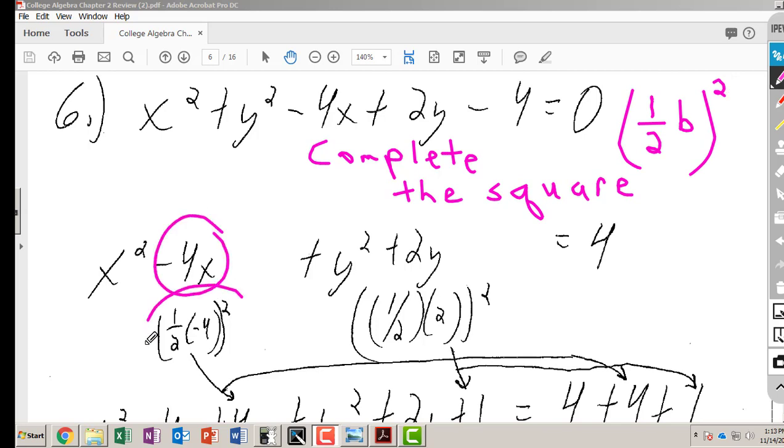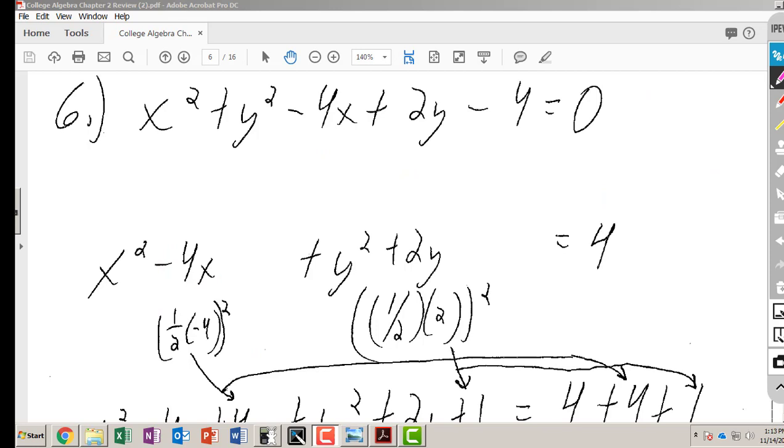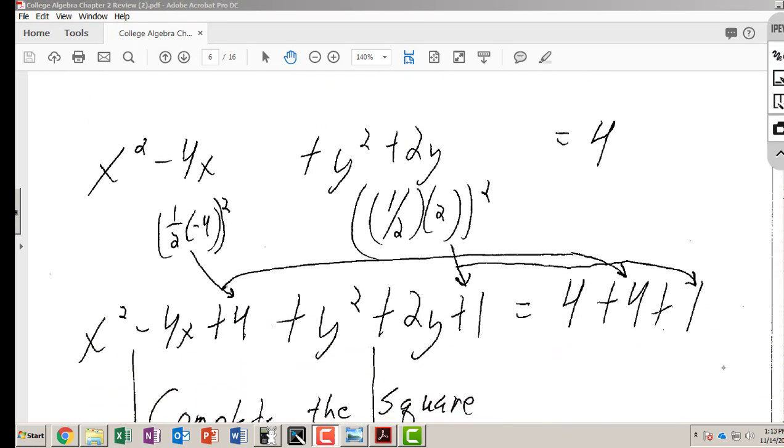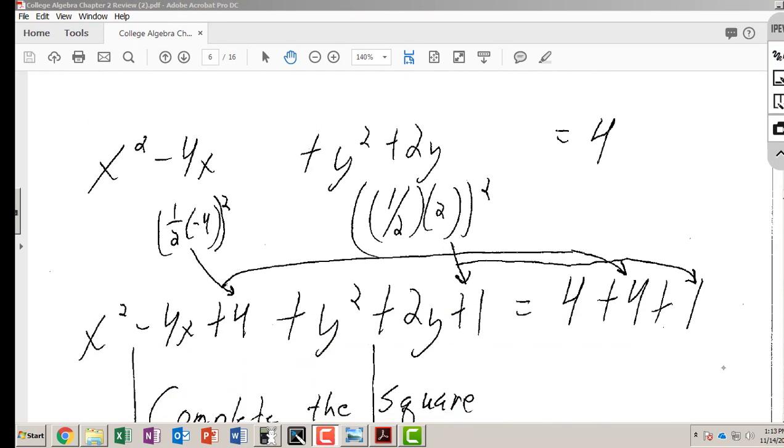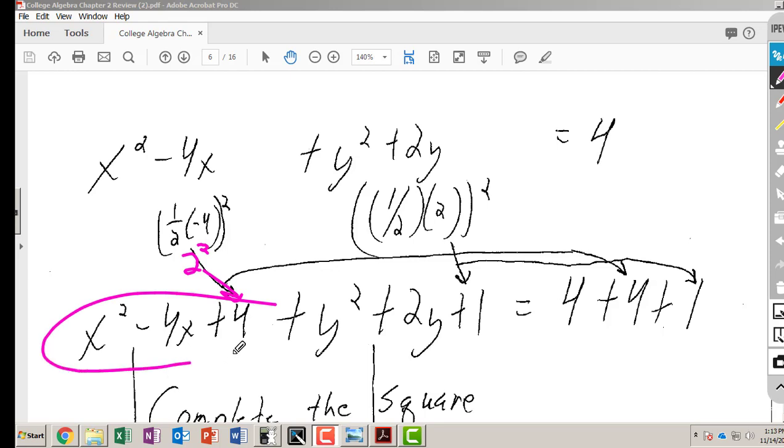I'm going to take half of -4 and square it. Half of -4 is -2, and then squared is 4. That's the number that makes it factor down to a perfect square form.